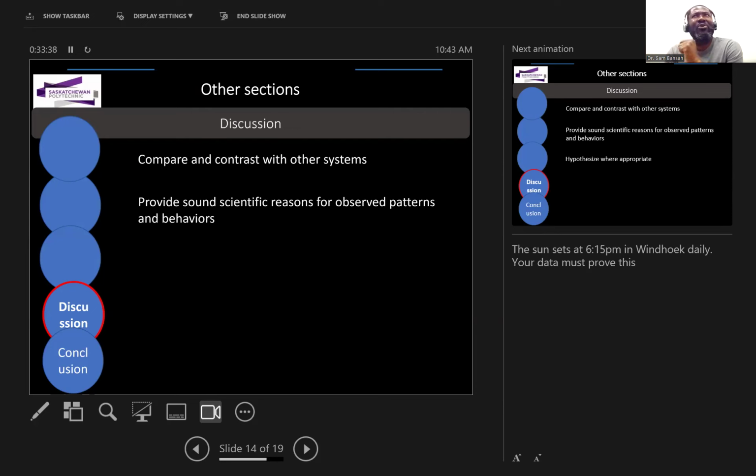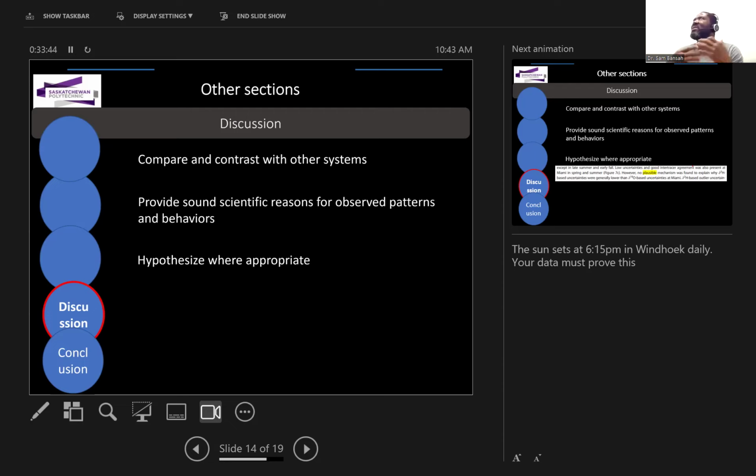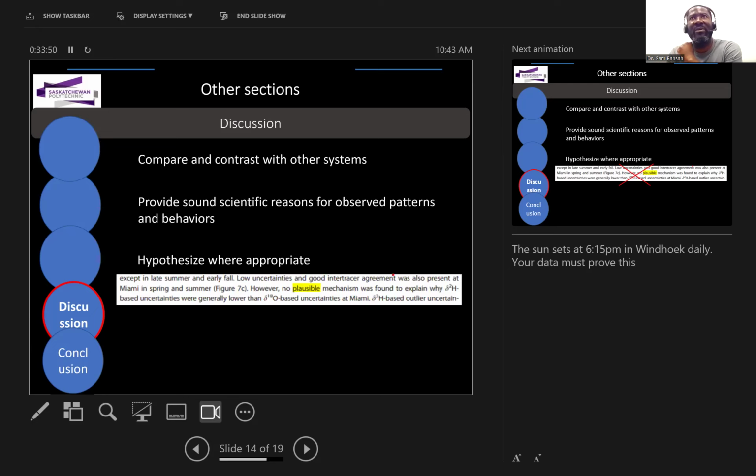Where you are not sure about certain patterns, it is best to hypothesize. You have to state what you think. You are not sure what this is, but you have to hypothesize what is going on. This is an example. Low uncertainties and good intertracer agreement was also present at Miami in spring and summer.